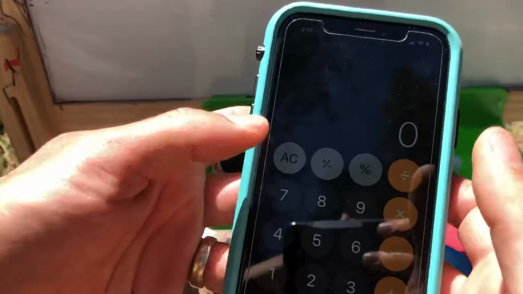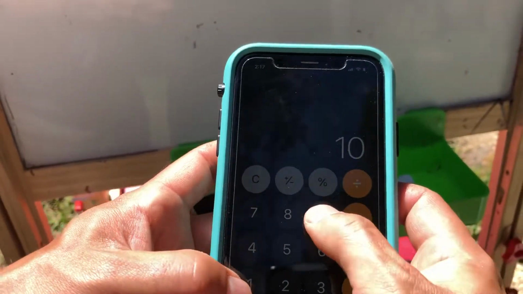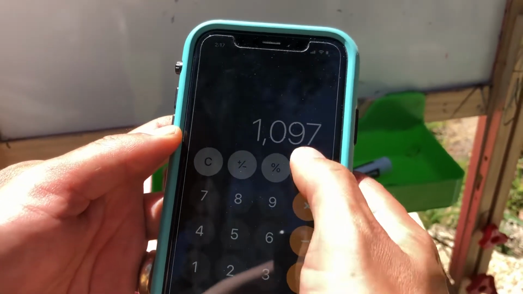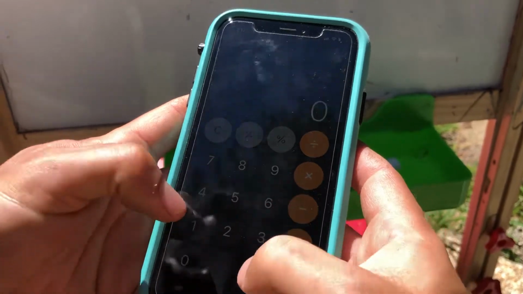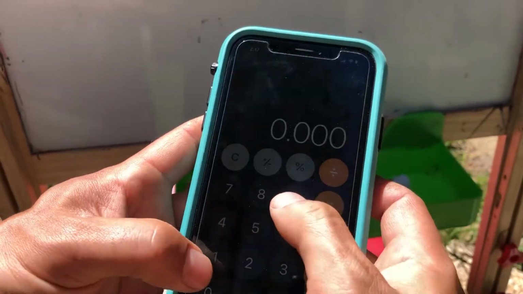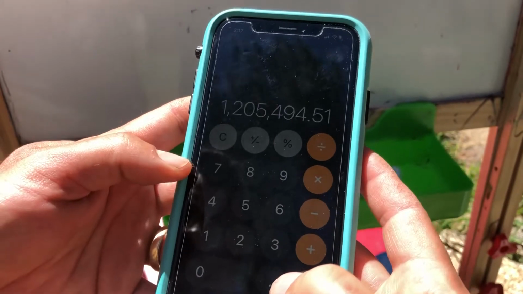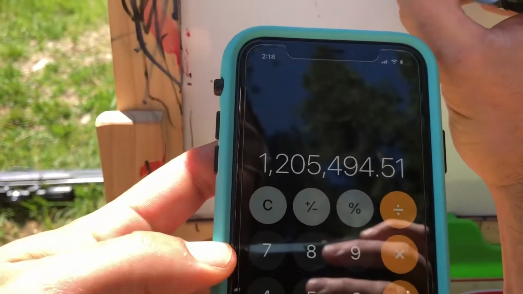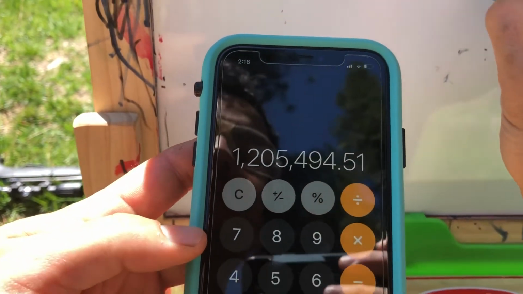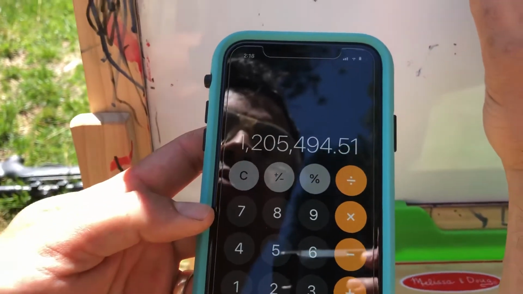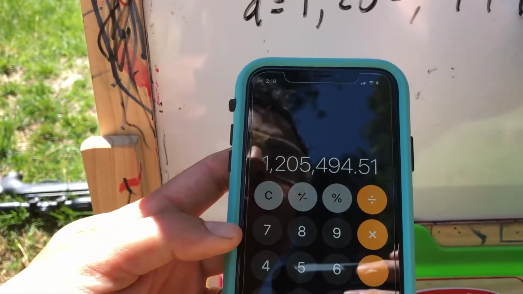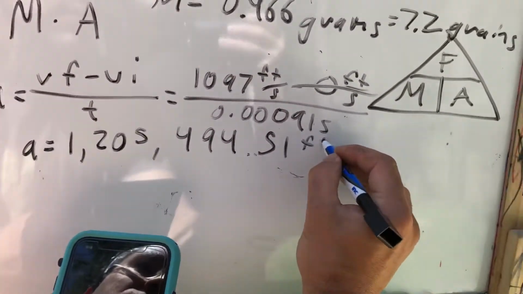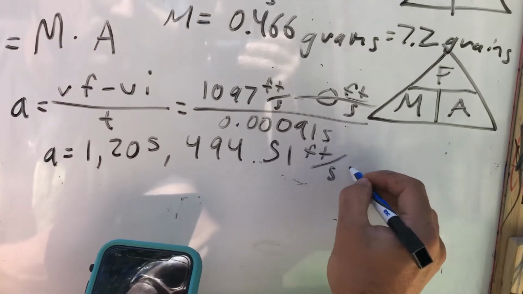So I can take my calculator, clear it, can you see? I have 1,097 feet per second divided by 0.00091 seconds equals, my acceleration is really fast, 1,205,494.51, and that is feet per second squared.